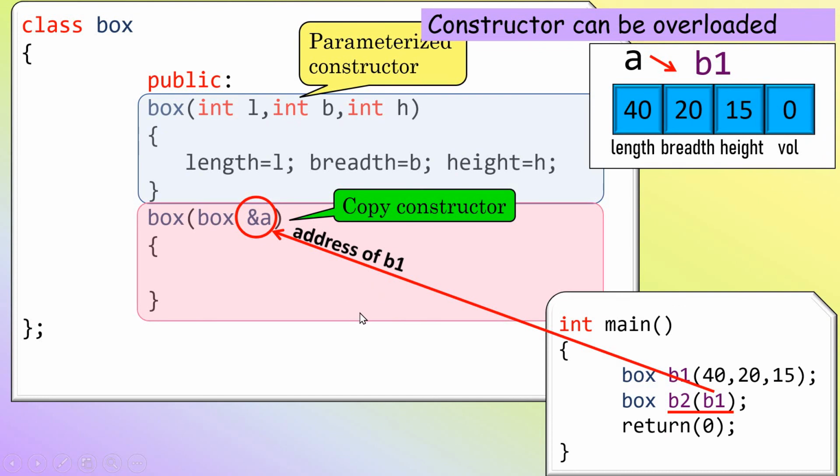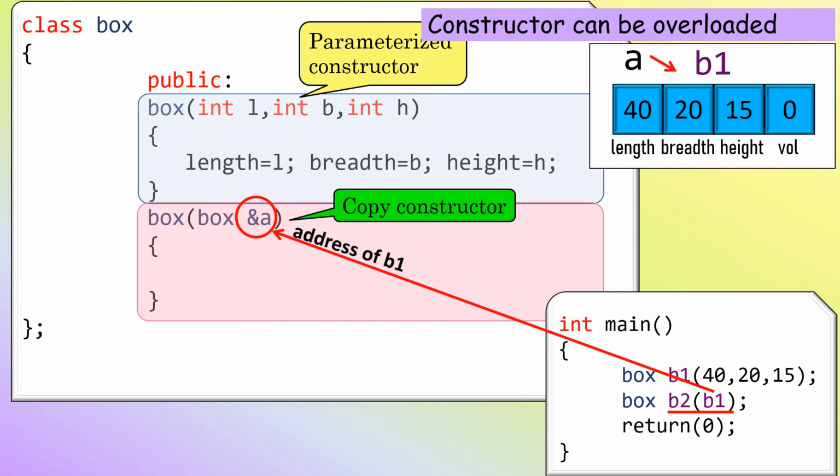In call by reference method, the address of the actual parameter is passed to the formal parameter. Now, both the objects A and B1 point to the same memory locations. That is, object A is an alias of B1.